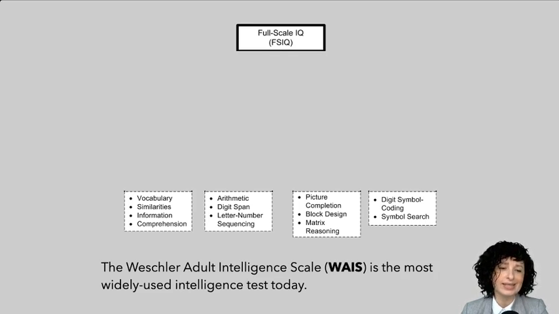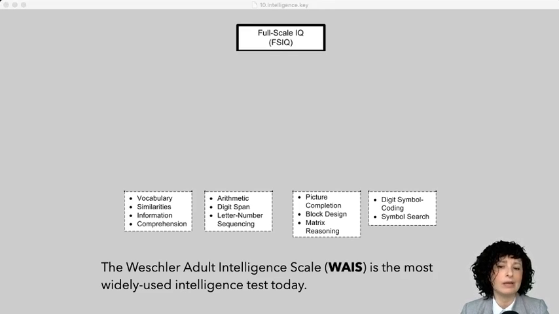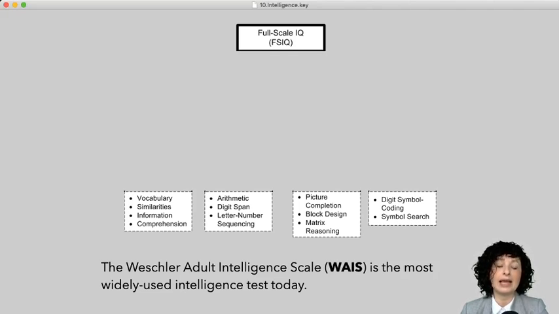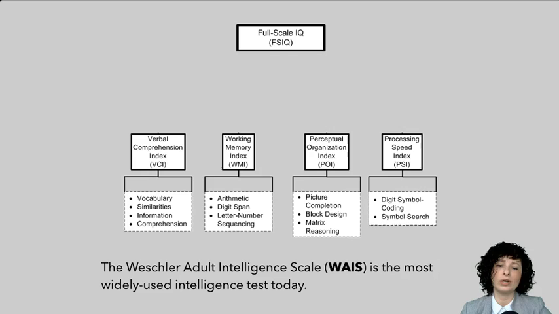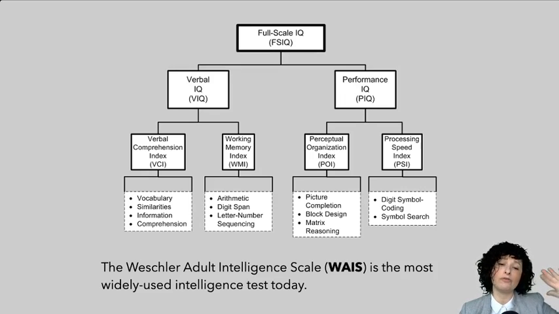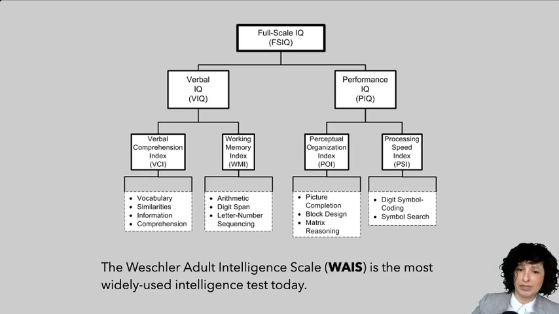The WISC includes between 12 and 15 subtests, actually. These subtests break down into verbal comprehension, working memory, perceptual organization, and processing speed. But then you can further group them together so that there is a verbal IQ score and a performance IQ score.